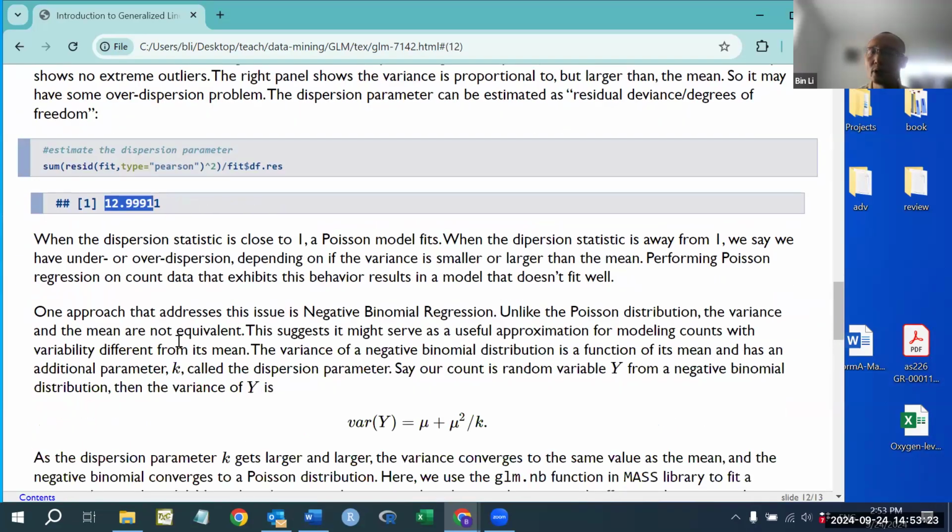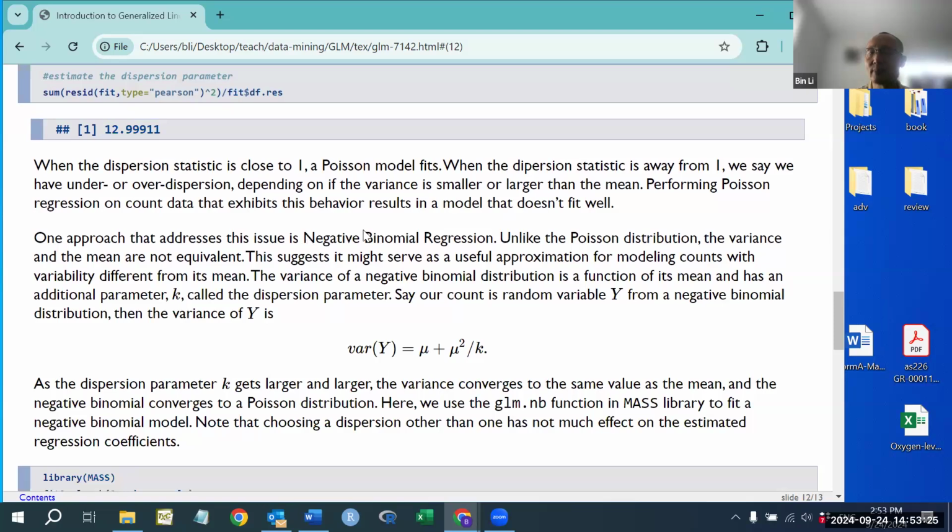So what we can do is, let's try the negative binomial. Unlike the Poisson distribution, negative binomial assumes the mean and the variance have this relationship. You can see the variance is not just equal to the mean. It also has this additional part: the variance equals the mean plus the mean squared divided by k.